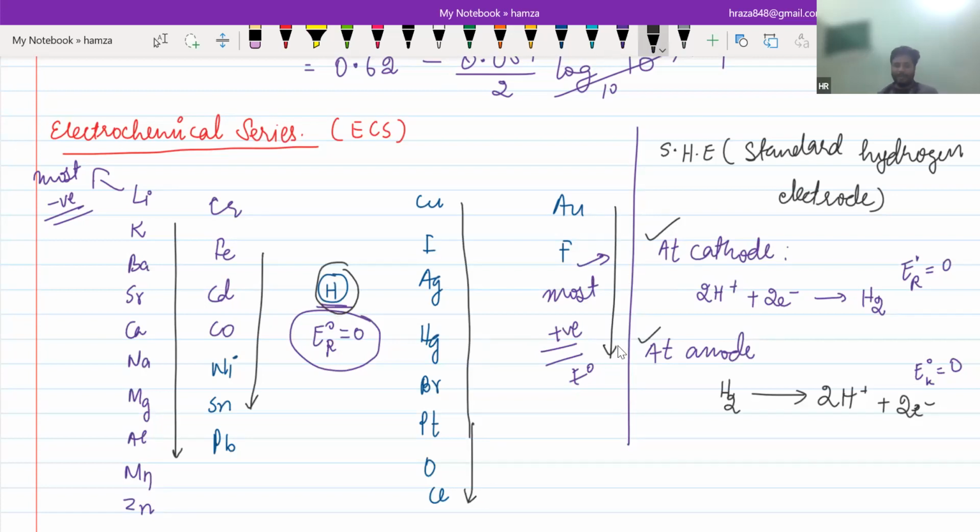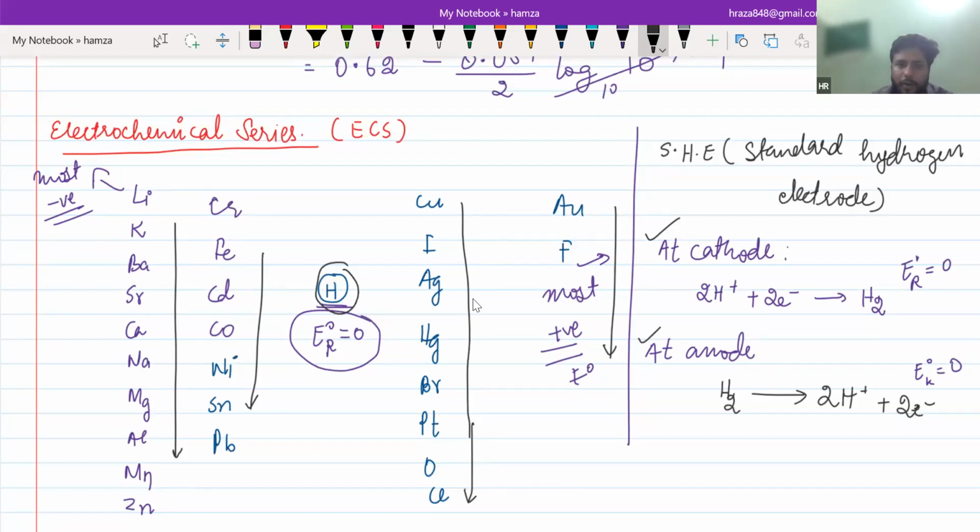On this basis, we can predict which element or species is more oxidizing or more reducing, or which can easily oxidize or reduce.